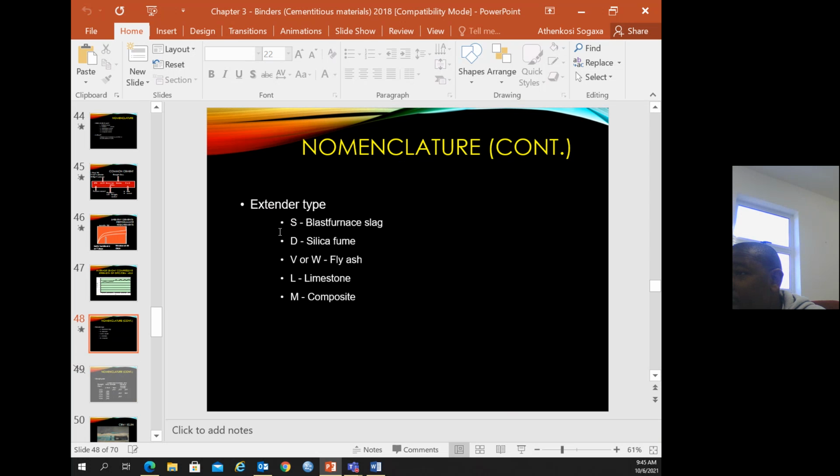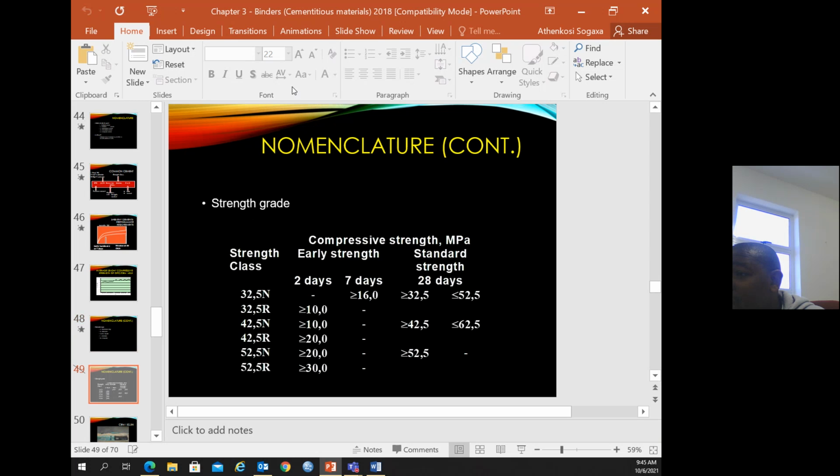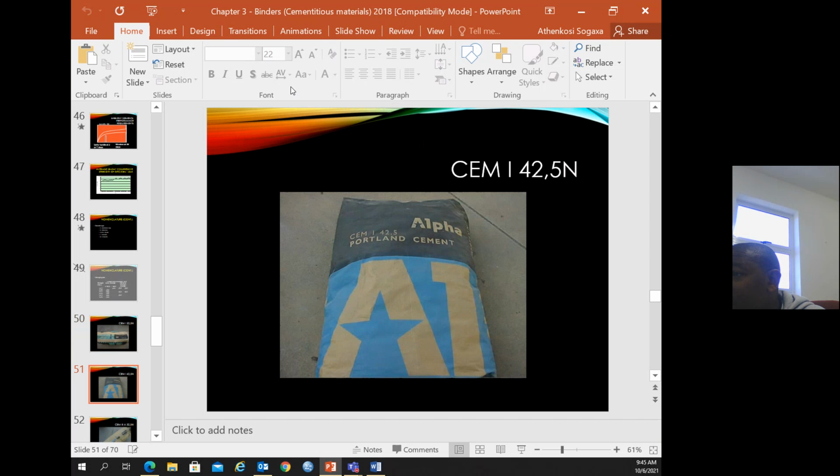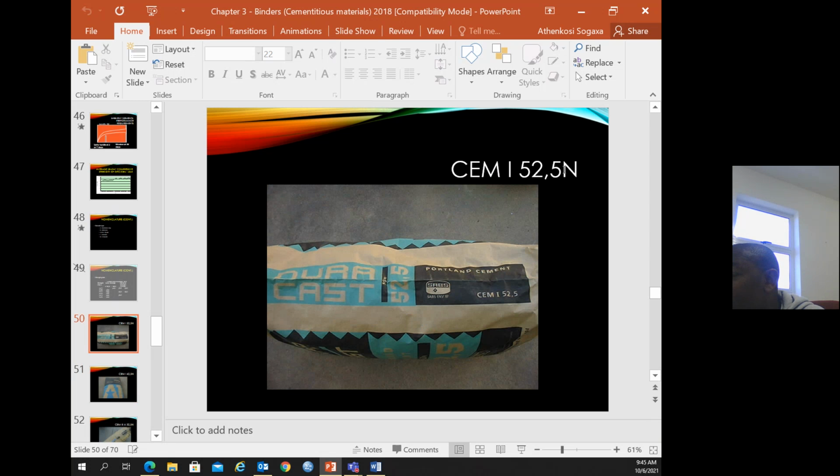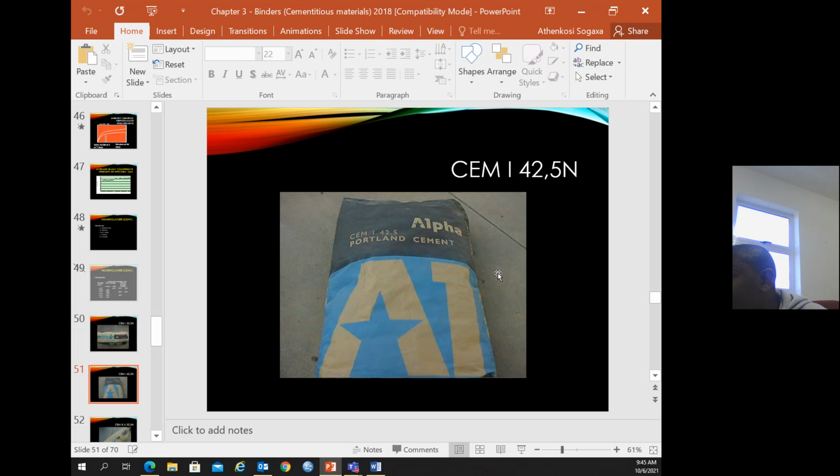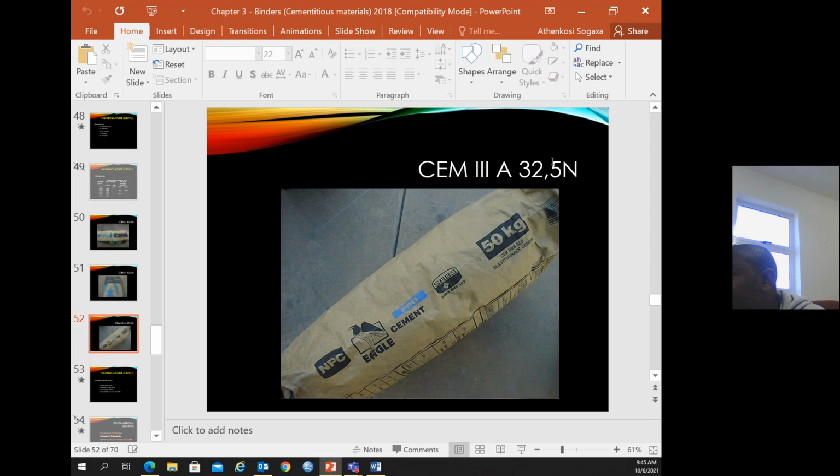Okay, extenders type: S, blast furnace slag, D, silica fume, I spoke about that, fly ash, limestone, composite. So we spoke of that. For SEM1, the normal strength is 42.5, and this one is 52.5, the strength that you can achieve. SEM3 is 32.5, with high early strength.